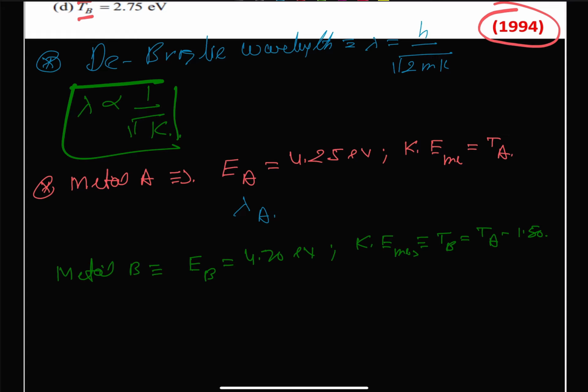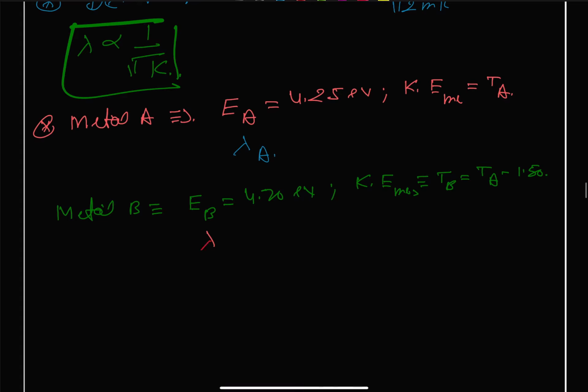And in this case, the De-Broglie wavelength, that is our lambda B, is given as twice of lambda A.